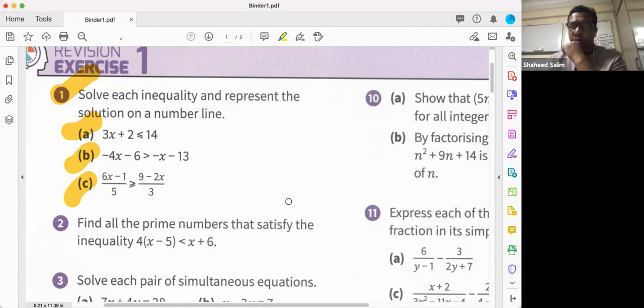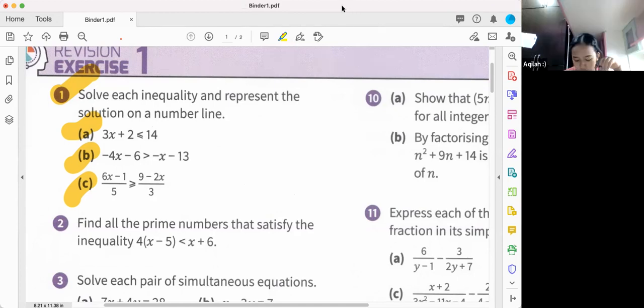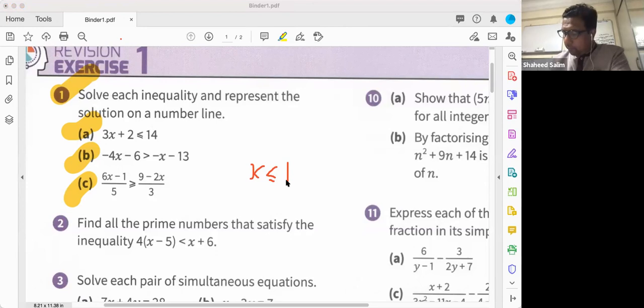No. Don't. So what's the answer? X is less than or equal to 1.15, something like that, is it? Yeah. Is this your answer?